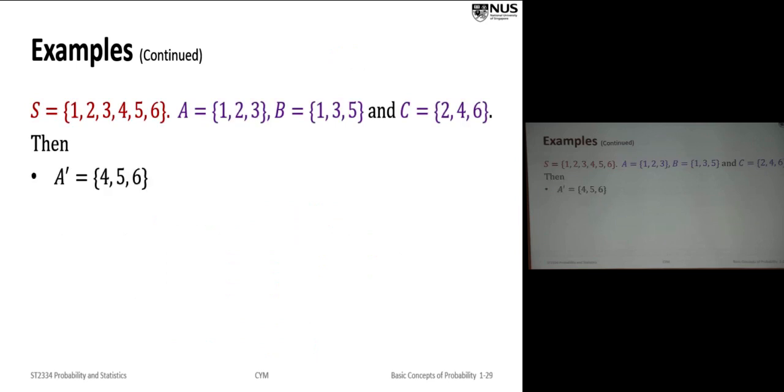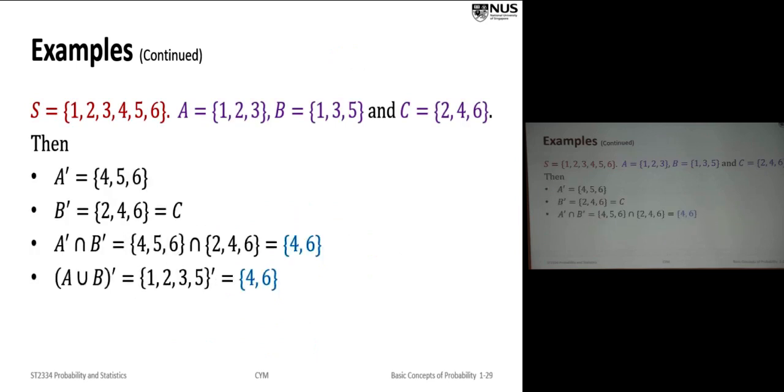All right, so here is the complement. This is very interesting. You notice that the intersection of two complements, A complement intersect B complement, in this example is 4, 6, while the complement of the union is also 4, 6.